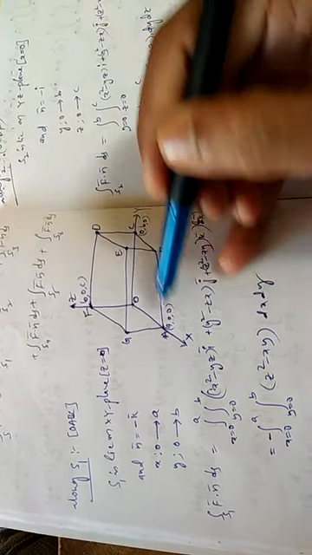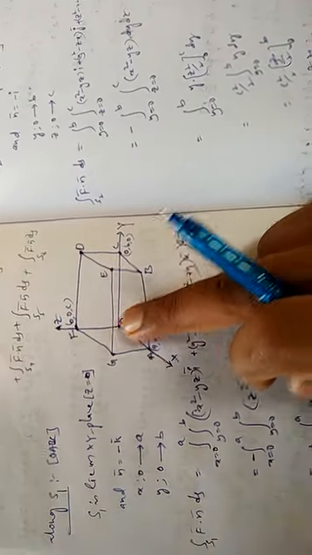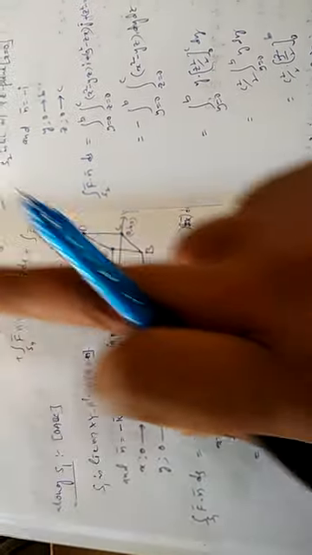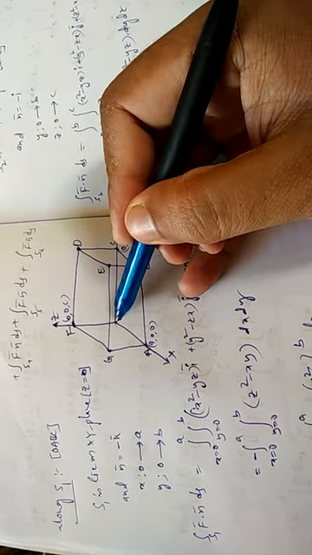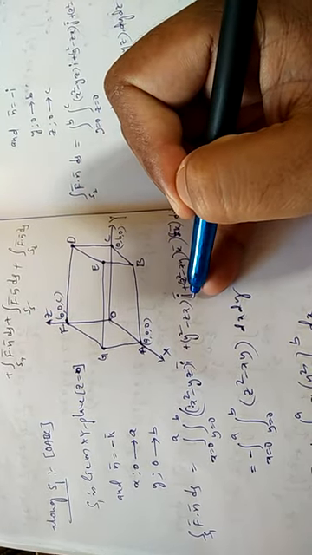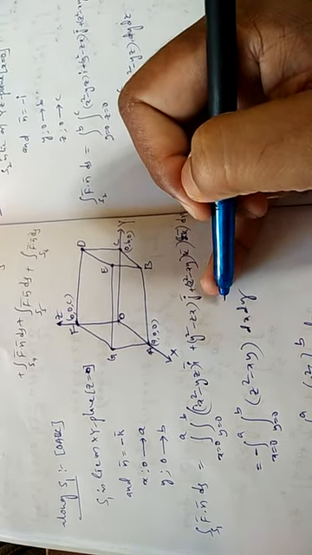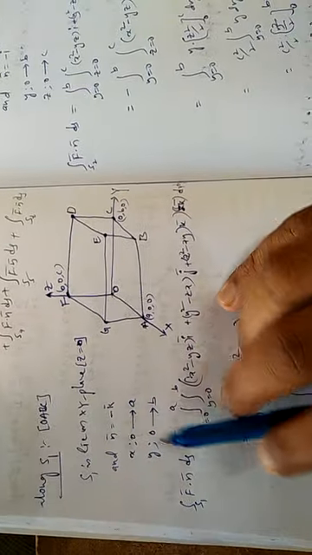The perpendicular line to the xy plane is z. For positive z we have the inside normal, right? We need n as the outside normal. The outside normal is the opposite direction of positive z, nothing but negative z. The negative z unit normal vector is minus k. Now n is minus k.